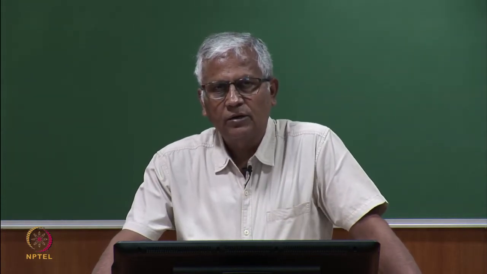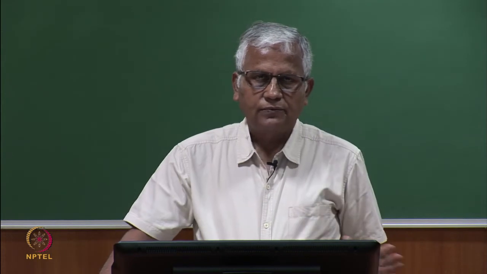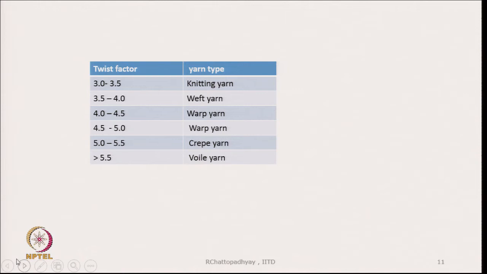The inclination angle of the fibers in the yarns is generally difficult to measure. We need a microscope, we have to fix the yarn on a glass slide and then measure it. It is a very cumbersome job. But twist factor is a numerical figure, as shown here, which directly connects to the inclination angle of the fibers on the surface of the yarn.